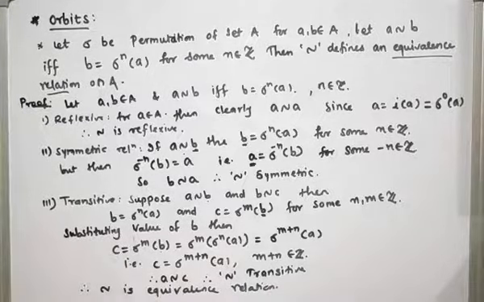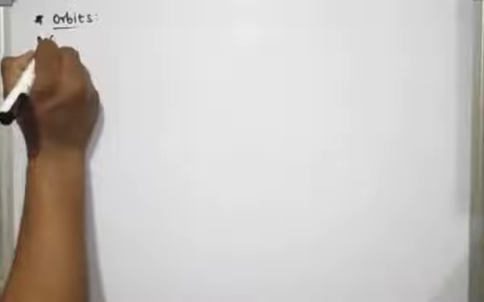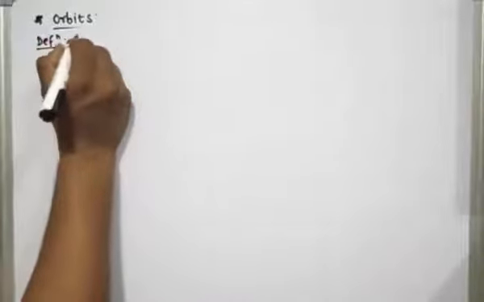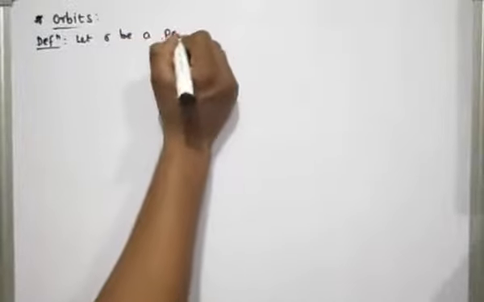Now let's see the definition of orbits. Definition: let sigma be a permutation.